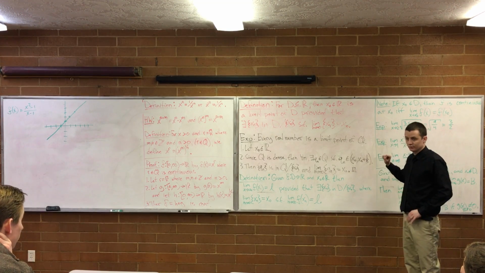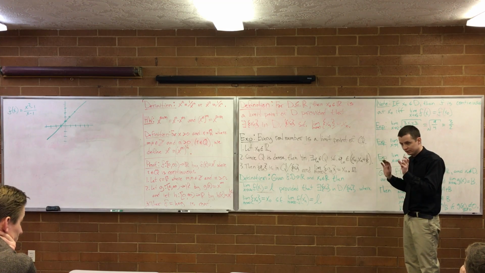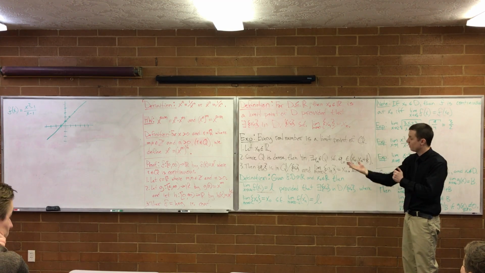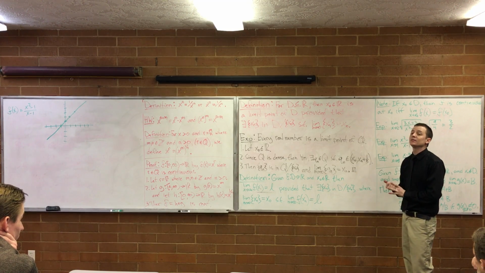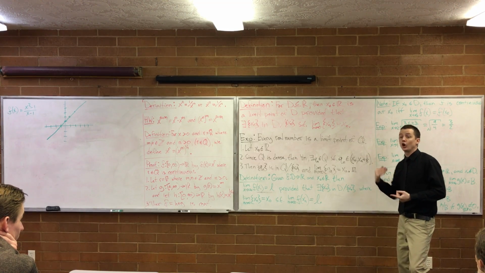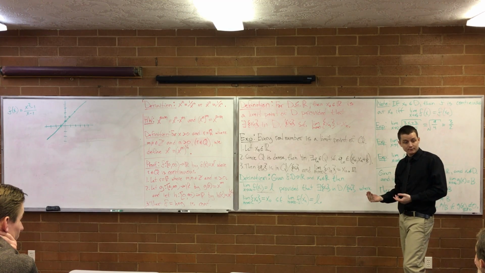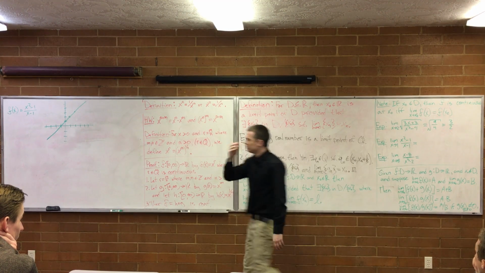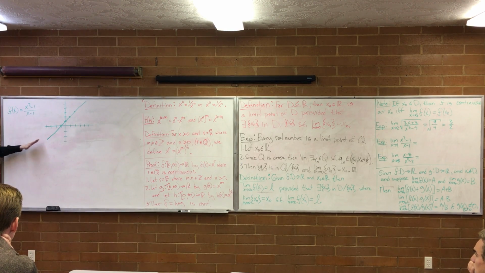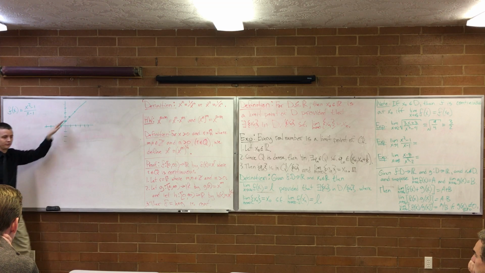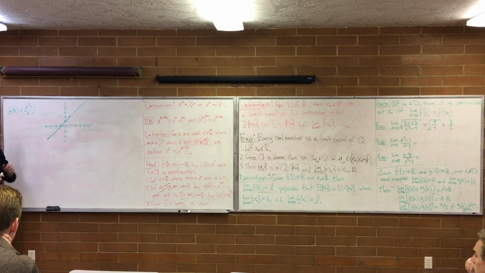So that was limit points, but remember that's just talking about a set. Now we want to start talking about the limit of a function as it approaches a point. Let's do intuition first of why we're doing this. Ignore the function I have right here, but just look at this function right here, this line. Now notice something.